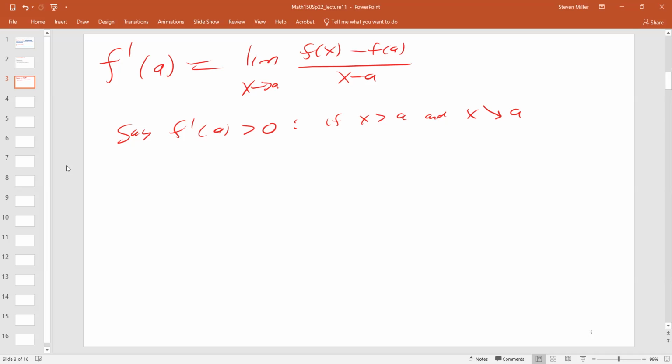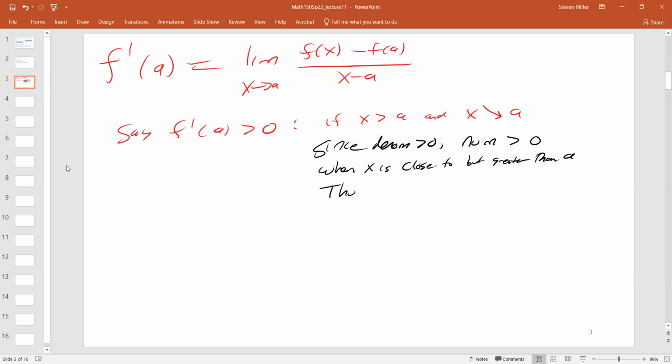But as x goes to a, since the denominator is greater than 0, the numerator must be greater than 0 when x is close to but greater than a. Thus, f of x will be greater than f of a, for x greater than a by a little. So if x is just a little bit more than a, f of x must be greater than f of a.